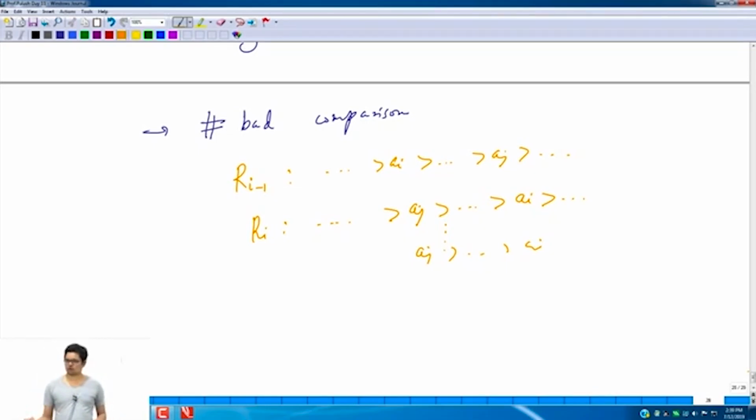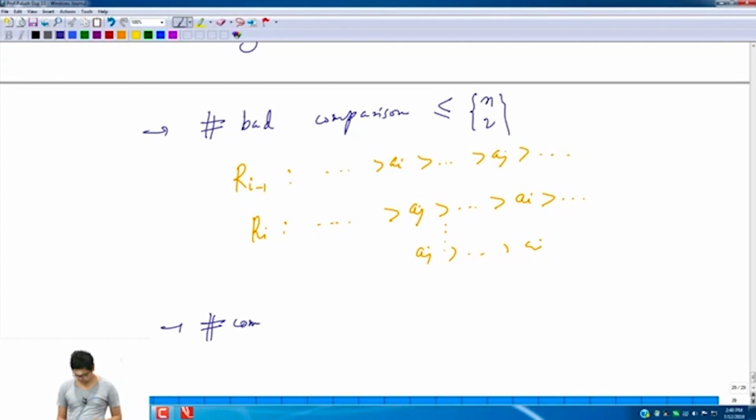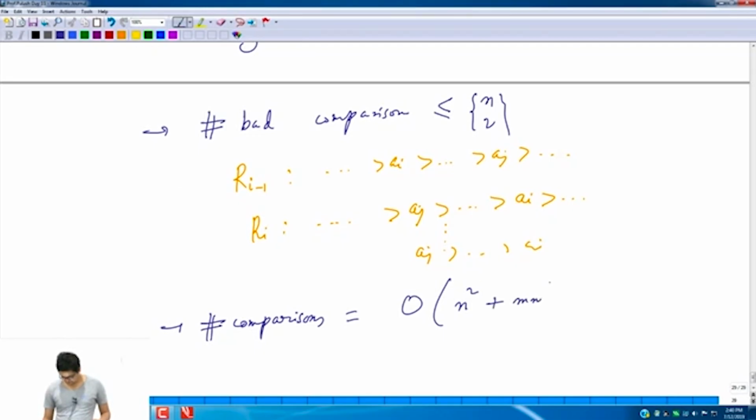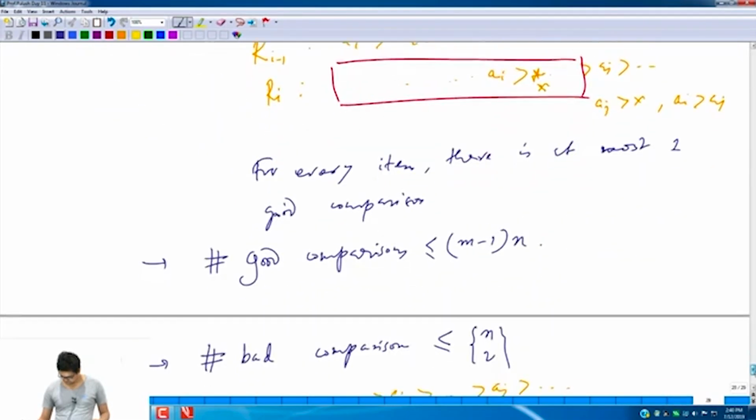So then what is the number of pairs we have? N choose 2. So the total number of bad comparisons is at most N choose 2. So the total number of comparisons is big O of N choose 2 plus mn, which is like N squared plus mn.